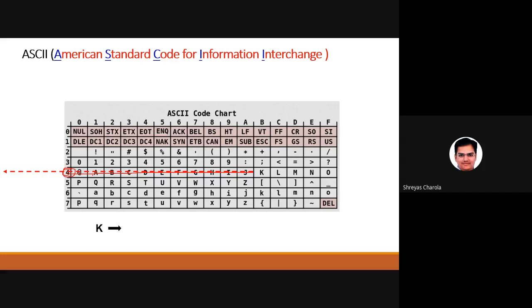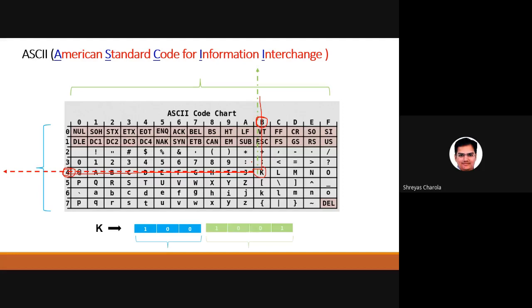So 4, you write from here, this one is the number 4 in binary. Then you go to the vertical line, the row, that is B. So from there you get the B number. When you combine, it's the number 1001011. This is the binary number, and that represents the K that has been pressed.